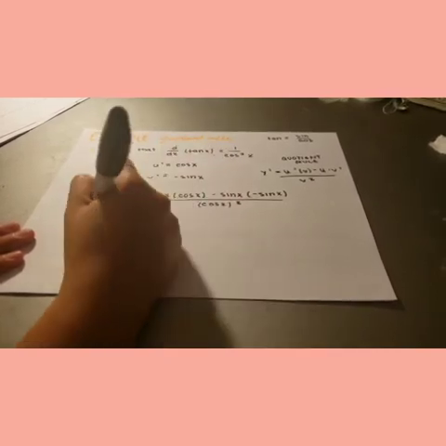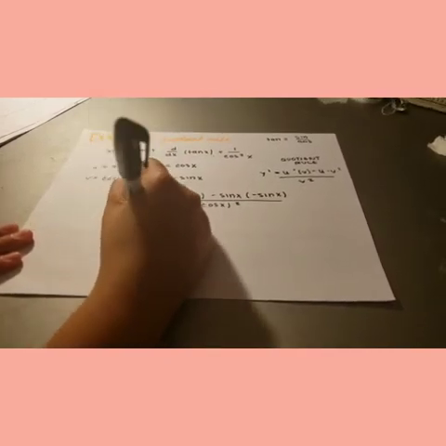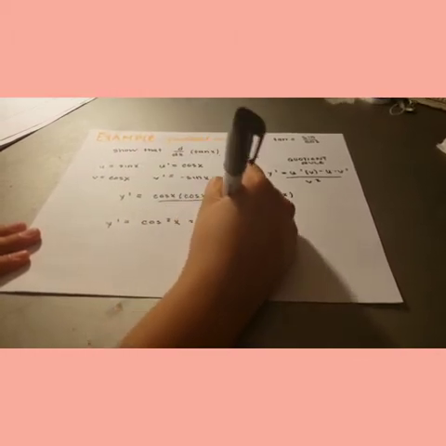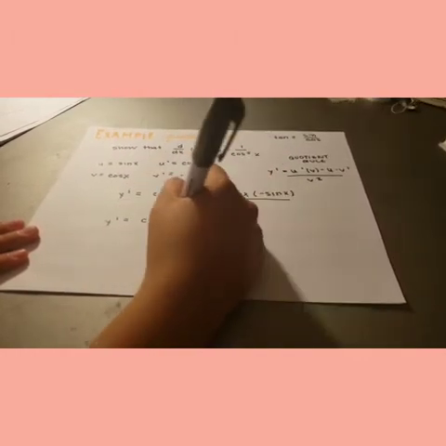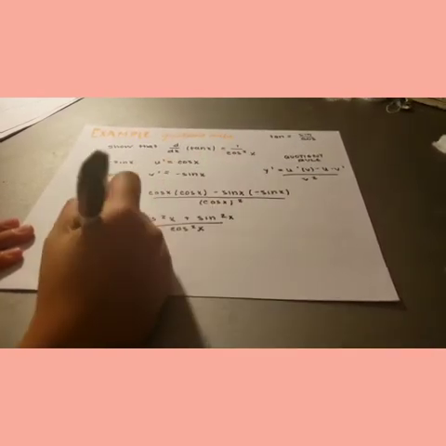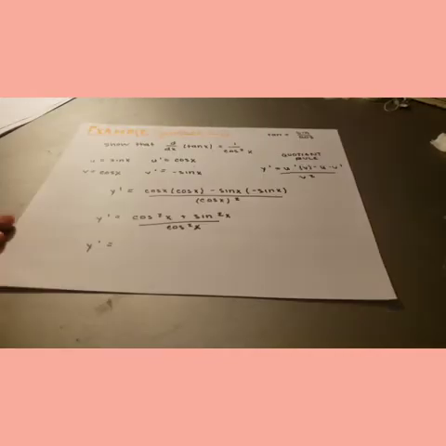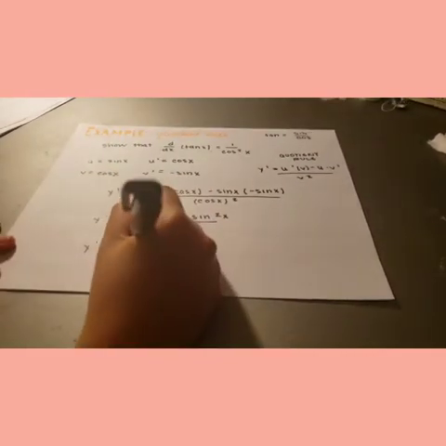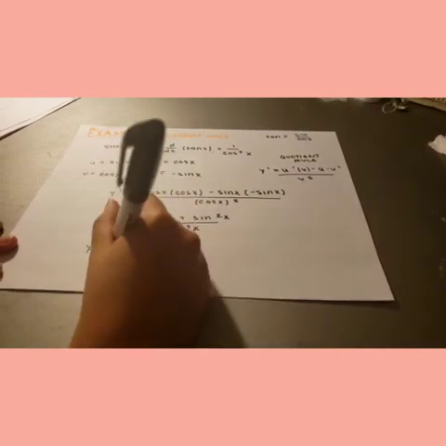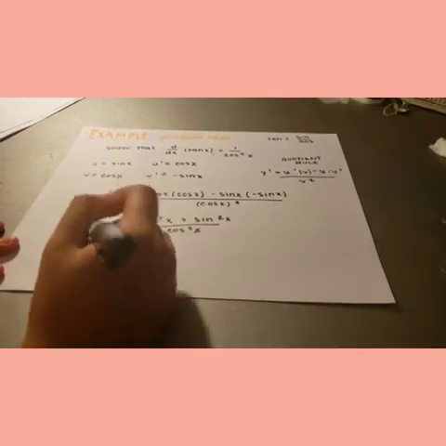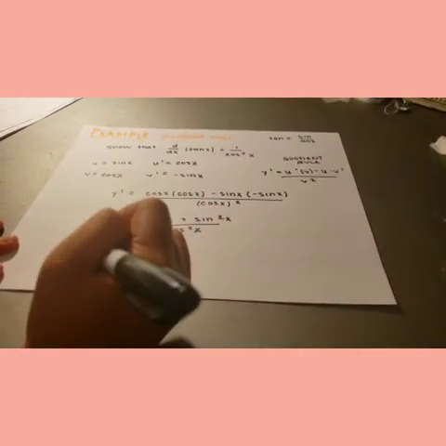So then, once we simplify this, we get cosine squared x plus sine squared x over cosine squared x, which if we look at our trig identities, will all end up being 1 over cosine squared x, which was what we wanted to get, which is correct.